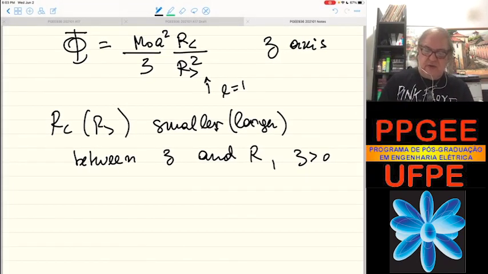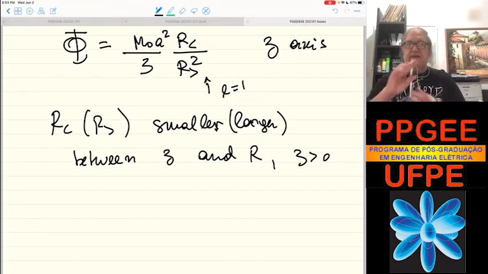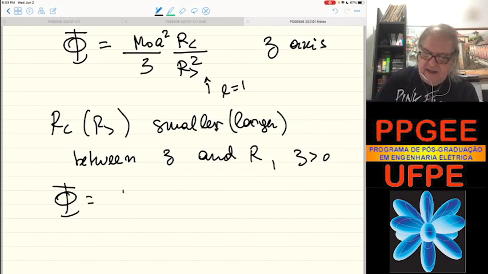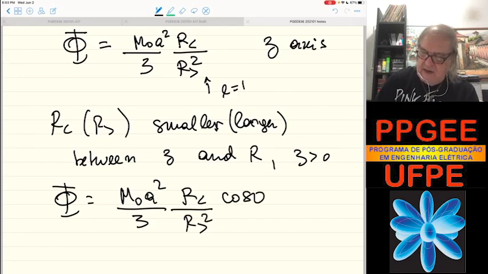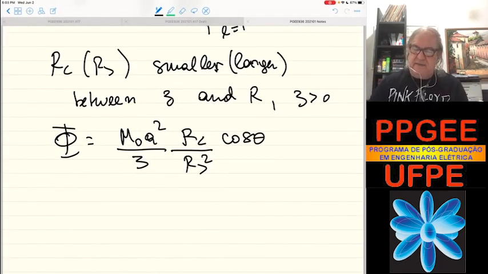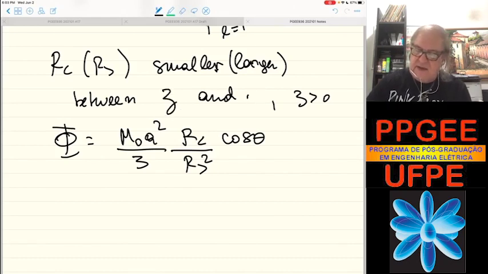Okay. If I go now to the solution, given the solution on z, you only multiply by the corresponding Legendre polynomials, but we have only one, which is P1. So the solution is going to be M0 over 3 r smaller divided by r larger squared P1, which is cosine theta. That's the solution. Now, r smaller and larger is between, before it was between z and a, which is the radius of the sphere.